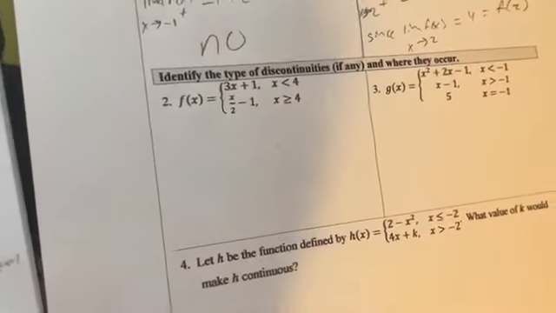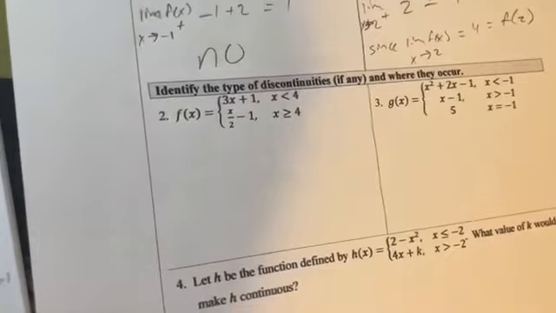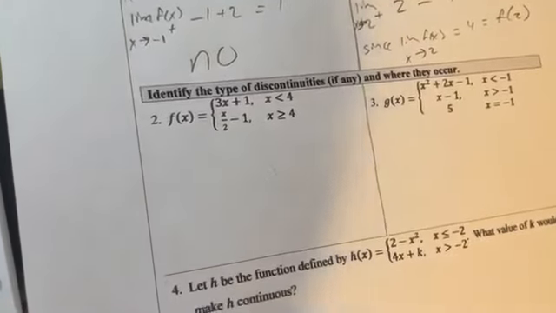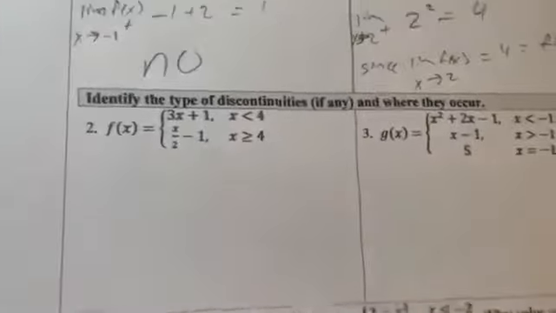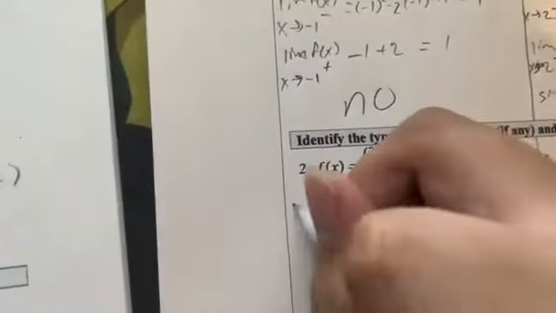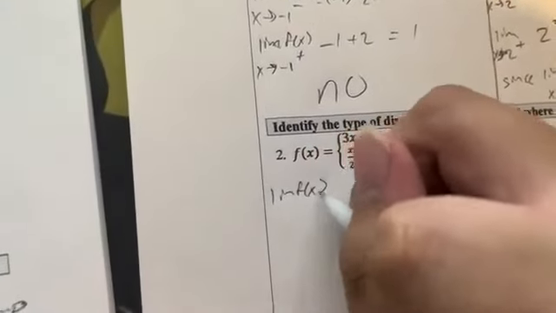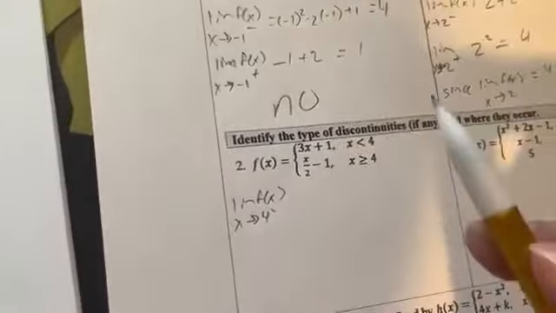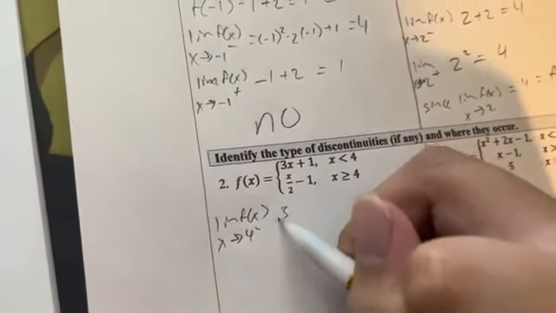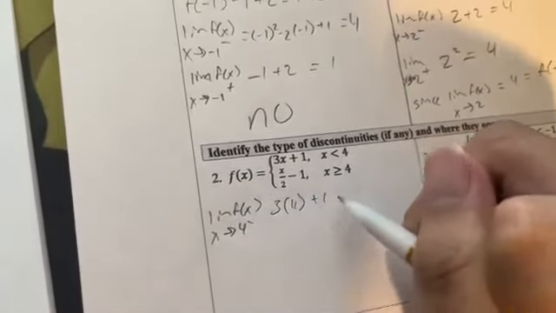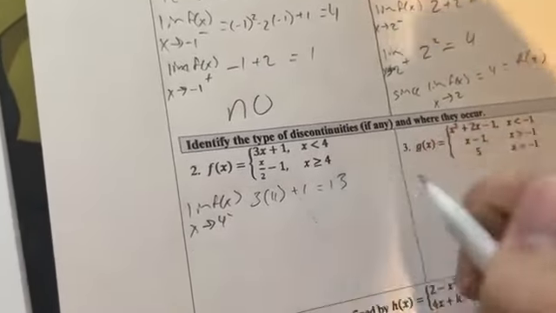Identify the type of discontinuities, if any, and where they occur. So since it's dealing with 4 right here, we'll check 4 from the left and 4 from the right. So the limit of f of x as x approaches 4 from the left, we have to use this equation. 3 times 4 plus 1, 12 plus 1, 13.